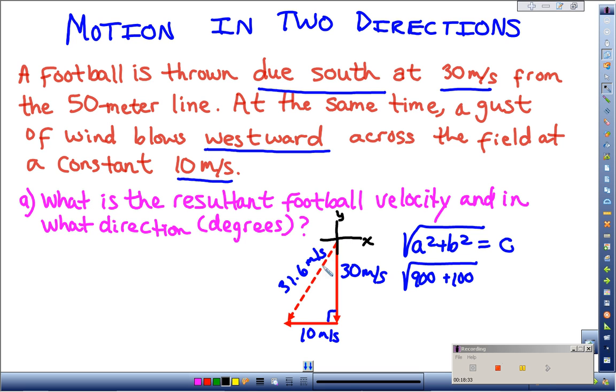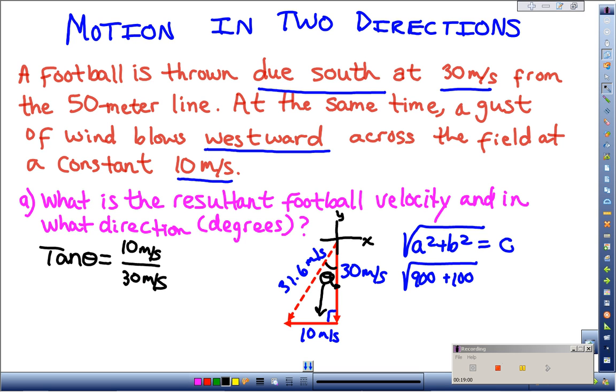I can use trigonometry to find this angle in between. I know all 3 sides, so pick your favorite function, whichever one will help you. Again, I'm feeling tangent. It's just my favorite function today. For this angle theta, tangent of that angle is equal to the side that is opposite, 10 meters per second, divided by the side that is adjacent to it, which in this case is 30 meters per second.